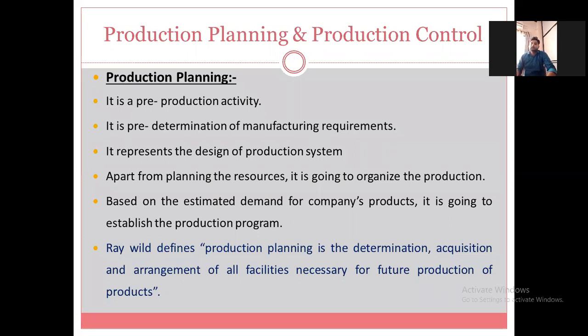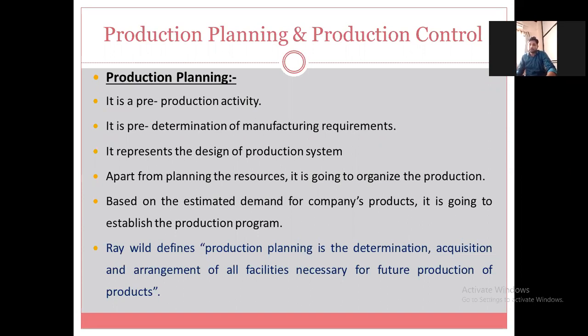Then it determines the manufacturing requirement. So what are the required things? Let us consider your company is producing a Tata vehicle. For that purpose you have an assembly line, and thousands of components are required to fulfill the requirement of the assembly line. You have to manage those thousand components.